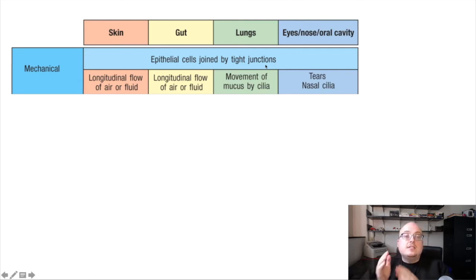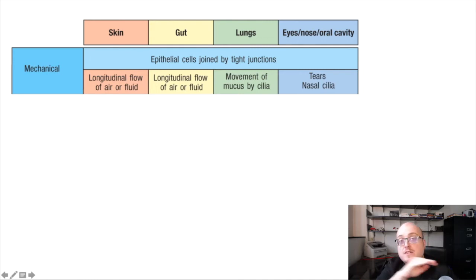Tight junctions exist between epithelial cells at their borders, and they prevent the diffusion of anything, liquid or cells or pathogens, between the paracellular borders of cells. And in this way, they basically form a wall. Nothing can get past the epithelial barrier, at least not without perturbing it somehow. So that's a mechanical force.